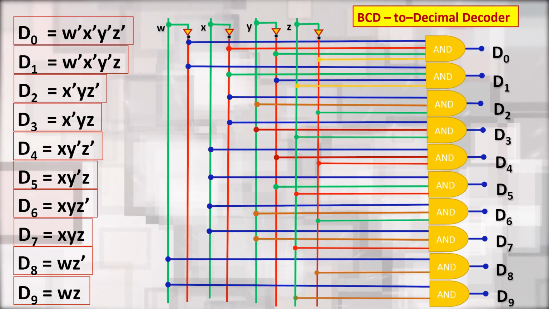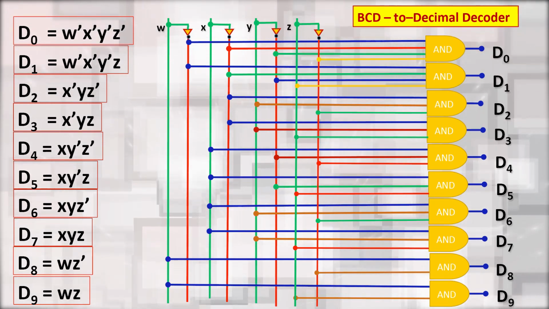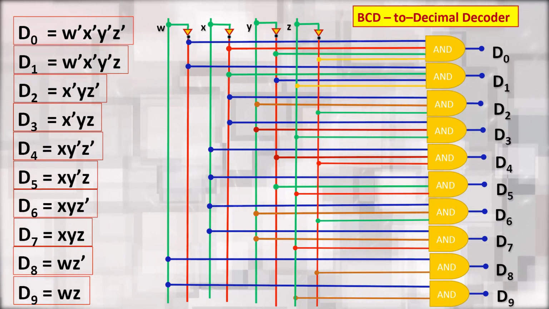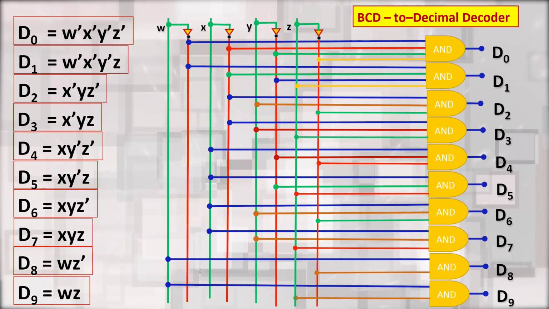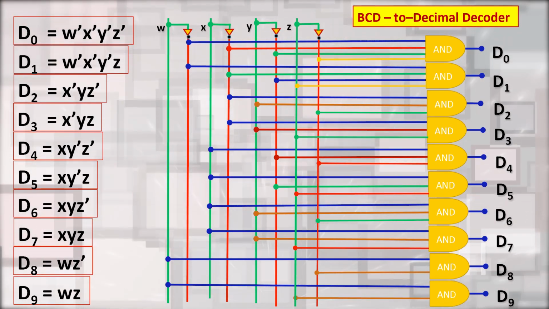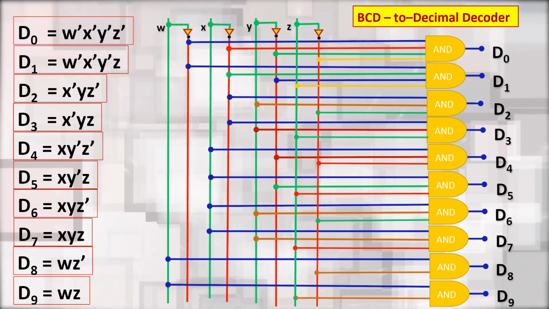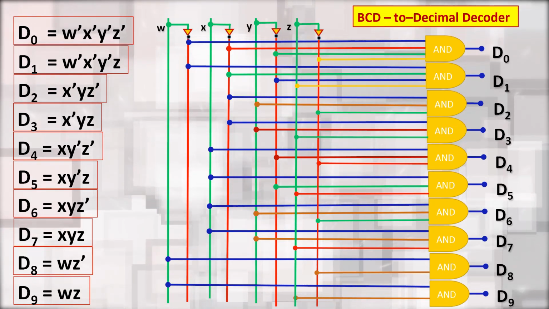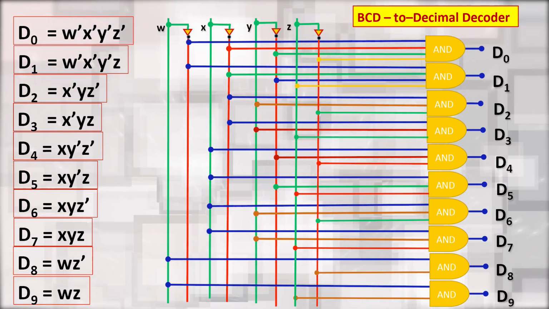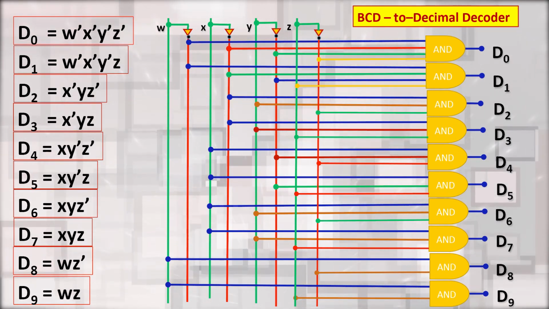Similarly, to realize D1 we will need a 4 input AND gate, and W bar, X bar, Y bar, Z are connected to it. For D2 we will need a 3 input AND gate, and X bar, Y, Z bar are connected to it to get D2.